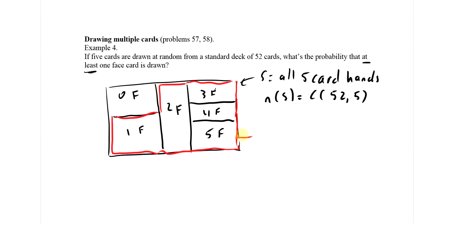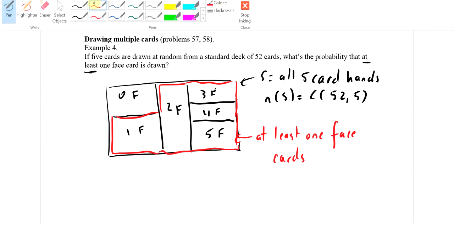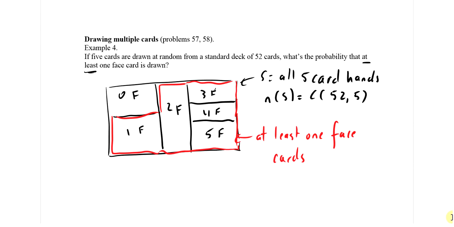So we want this set that's in red. What's the complement to the set that's in red, right? If this is the entire sample space, and this is the red subset, what's the complement? Well, 0 face cards.